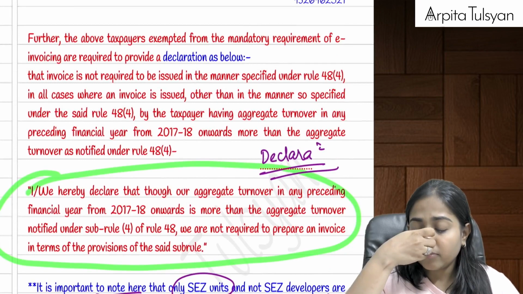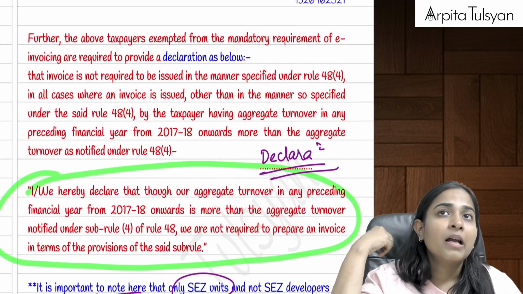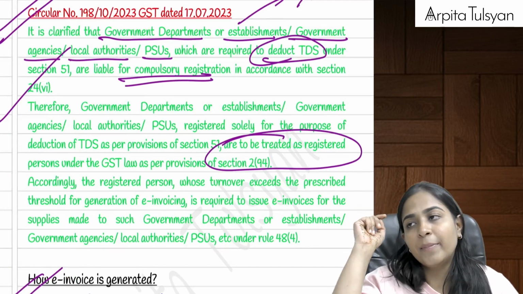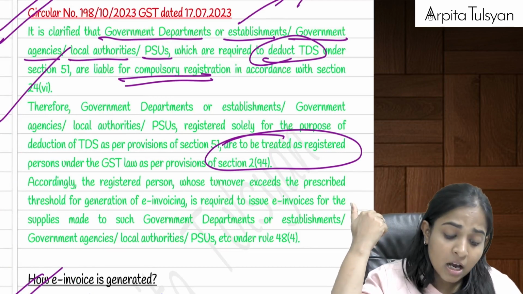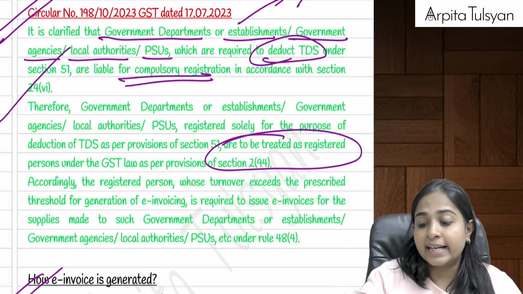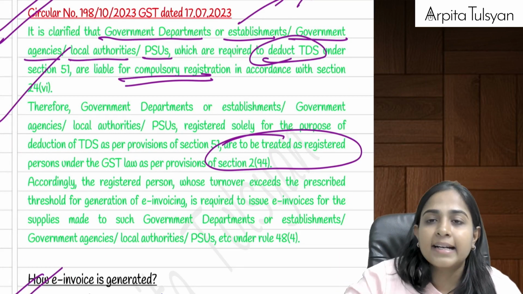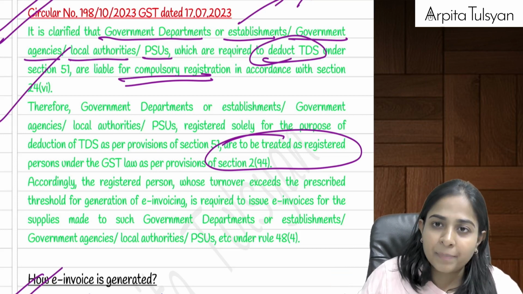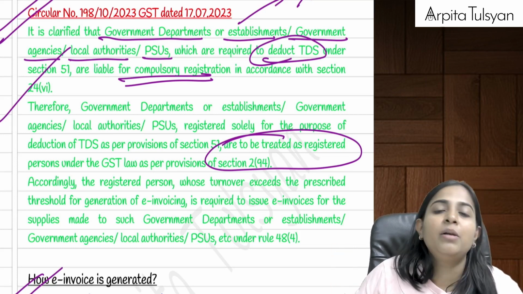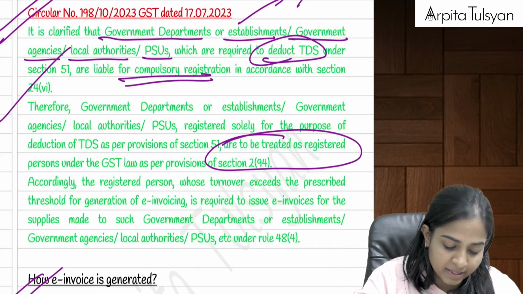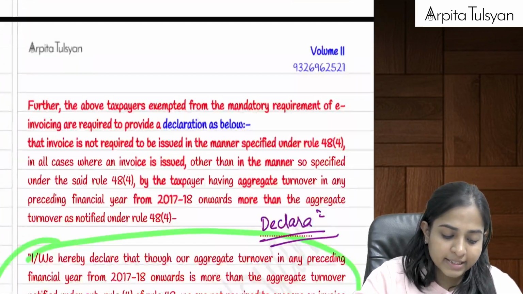But let's say there is a government department, local authority, government PSUs, government agencies, etc., who registered themselves under GST only for the purpose of deducting TDS. They were liable for compulsory registration. Even they will be responsible for e-invoicing if the aggregate threshold limit of 5 crore rupees is exceeded. Are you understanding this? Yes.